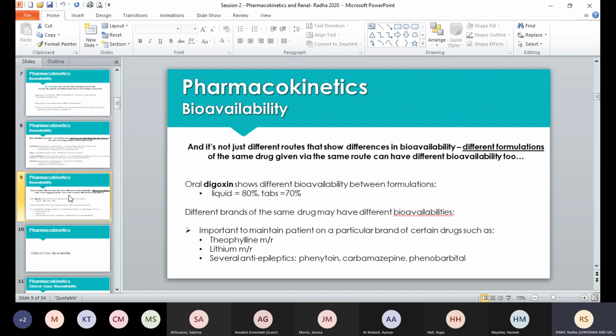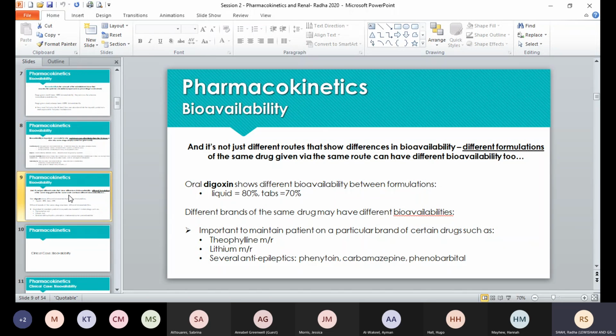So a liquid has 80% bioavailability, whereas tablets have 70% bioavailability. And it also becomes apparent in some different brands of drugs. They sometimes have different bioavailabilities. And this is why for some specific drugs, they ask you to only prescribe by brand. And this is because of that difference of bioavailability.